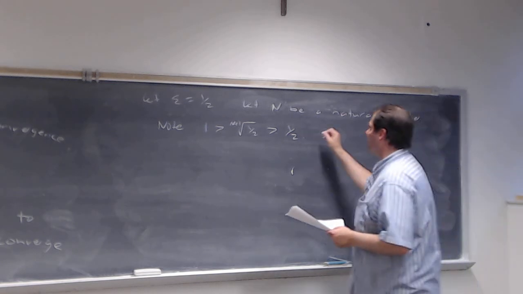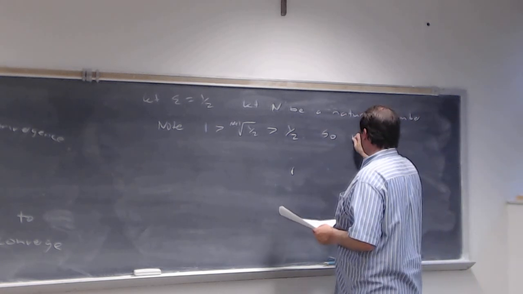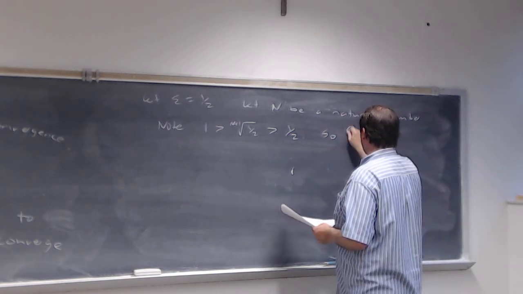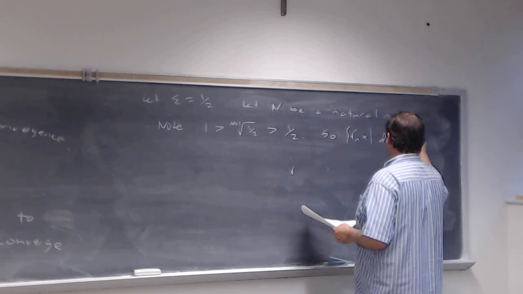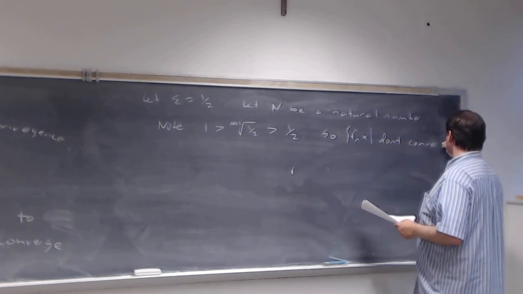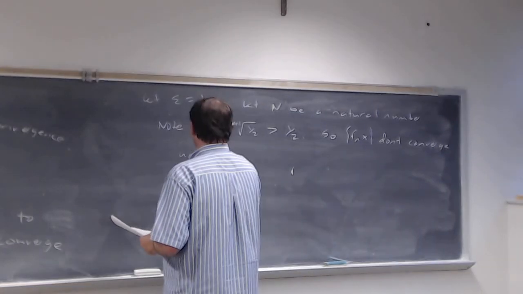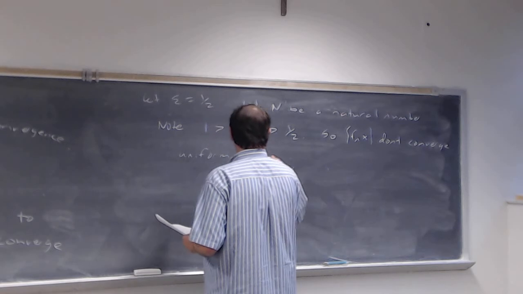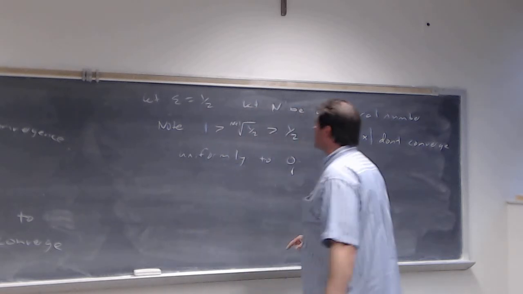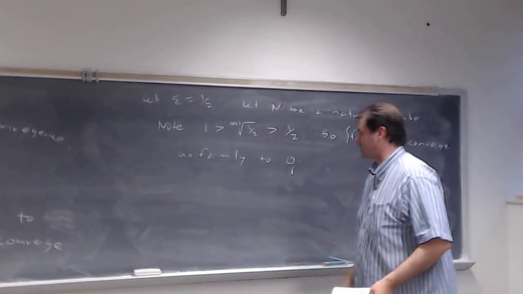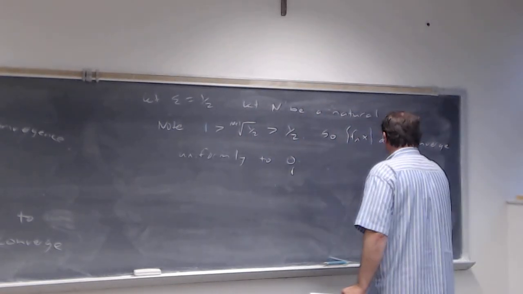And so that proves the f sub n's of x don't converge uniformly to 0. Why don't they converge uniformly to 0? We have this picture.